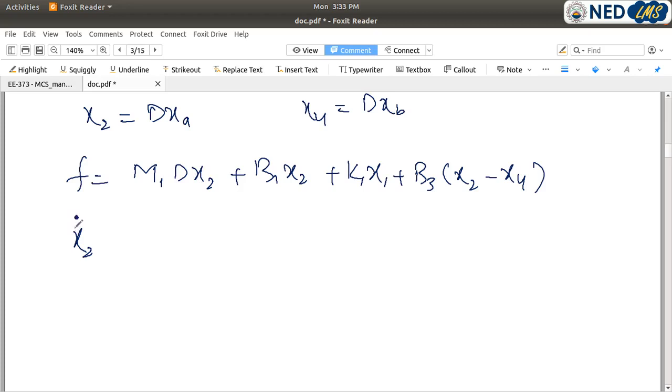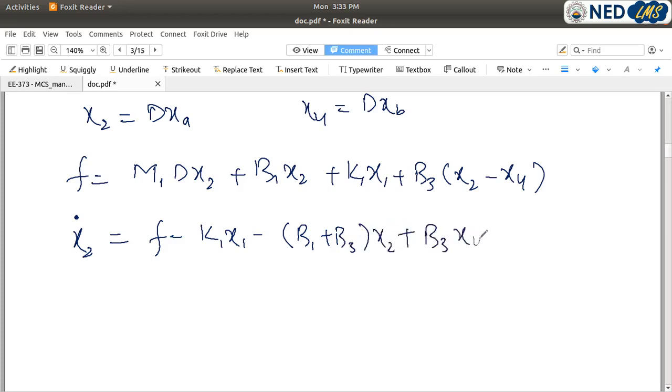I am rewriting this equation, so I am writing this as x2 dot, which is the derivative of x2 with respect to time, is equal to F minus k1 x1 minus (b1 plus b3) x2 plus b3 x4, over m1.